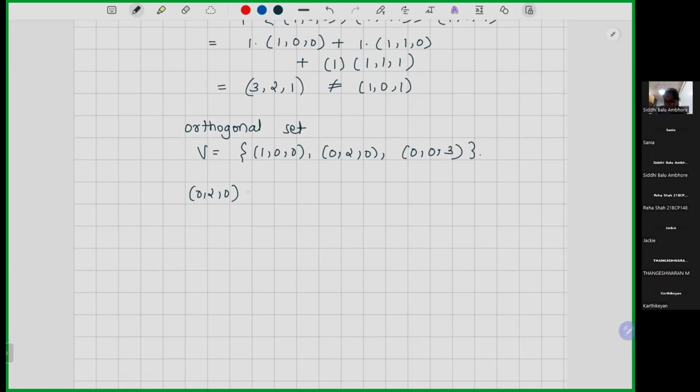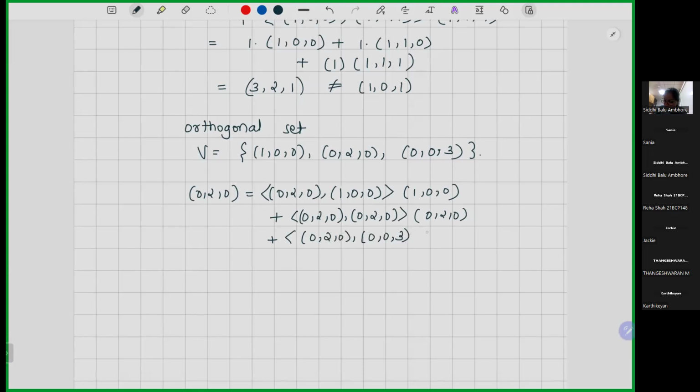(0, 2, 0), then it will be, as per the given question, let me write it as it is: the inner product of (1, 0, 0) with (0, 2, 0) times (1, 0, 0), plus the inner product of (0, 2, 0) with (0, 2, 0) times (0, 2, 0), plus the inner product of (0, 0, 3) with (0, 2, 0) times (0, 0, 3).